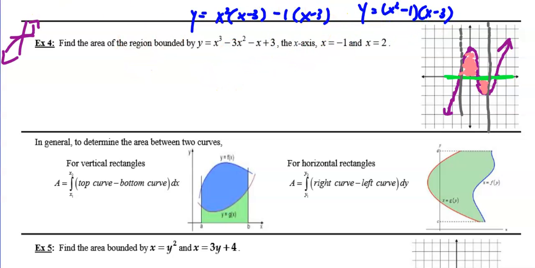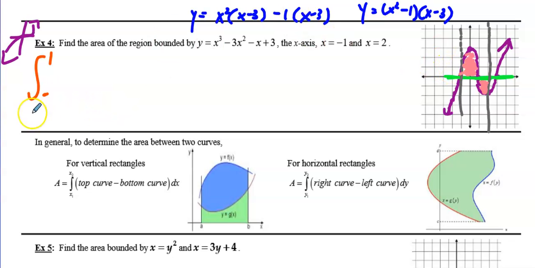And so when I look at this problem, you can realize that the top function from -1 to +1 is actually our curve, our cubic function. But from 1 to 2, our top function is actually the x-axis. So we have to set this area equation up using that knowledge. So we're actually integrating from -1, that's my fault.